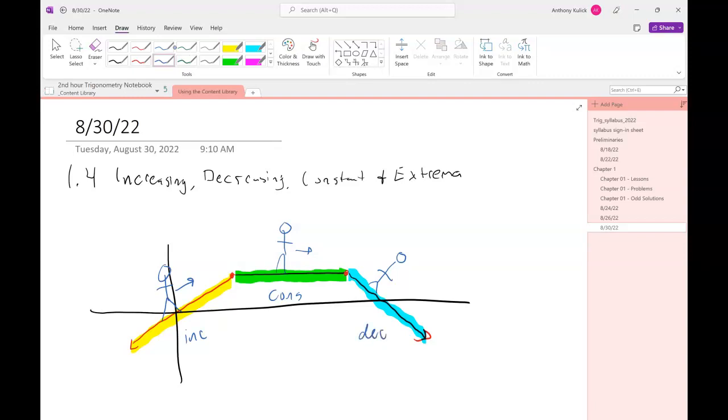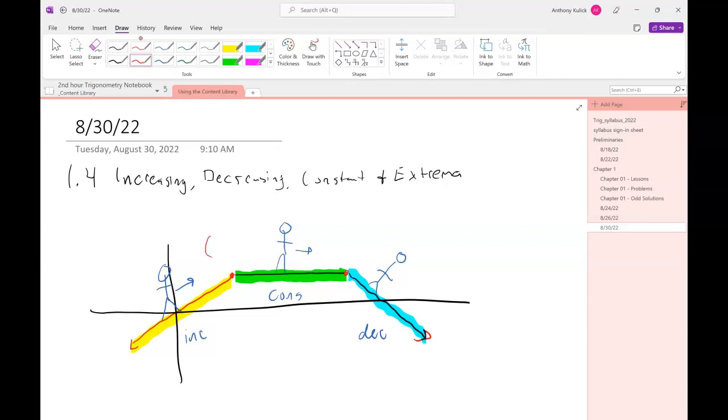Is everybody okay with those descriptions? So you just imagine your little person walking along your graph. Thing to remember is we're always talking about that little person walking from left to right. So the direction that they're walking is always from the left side of your graph to the right side of your graph.